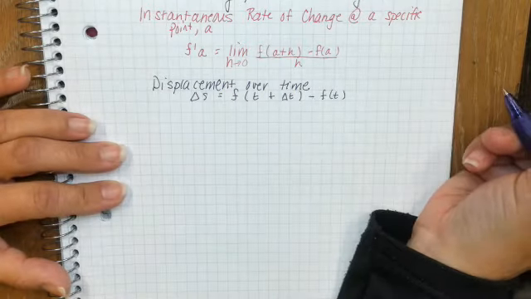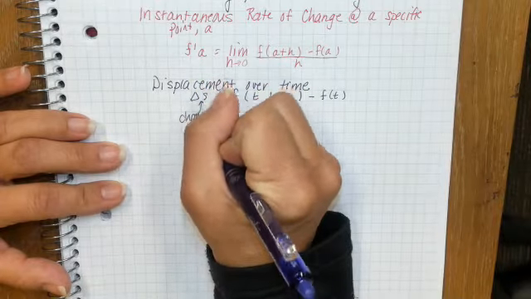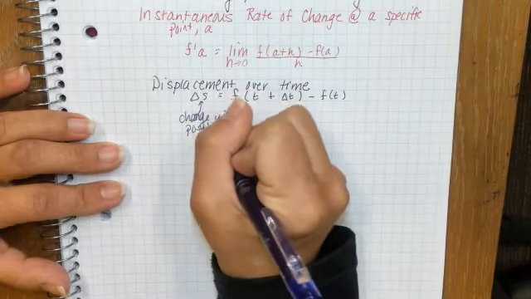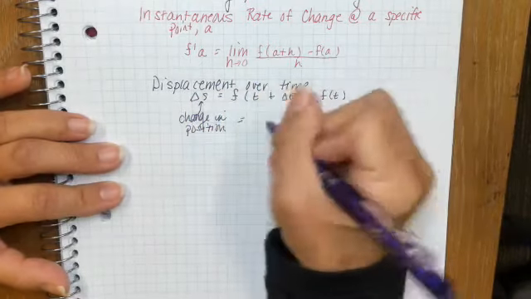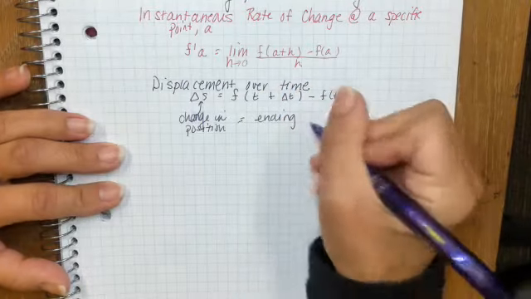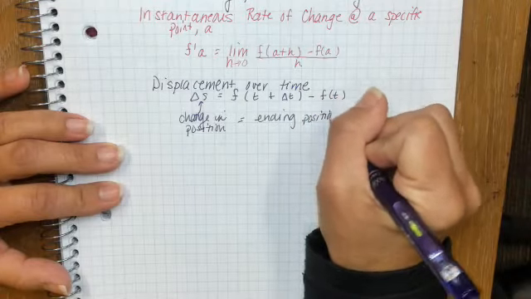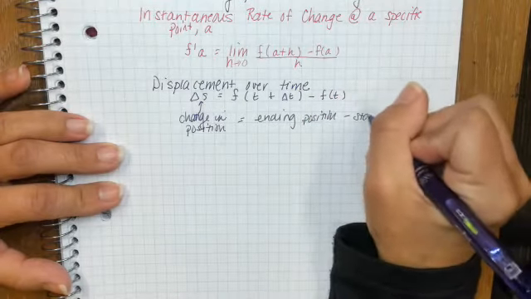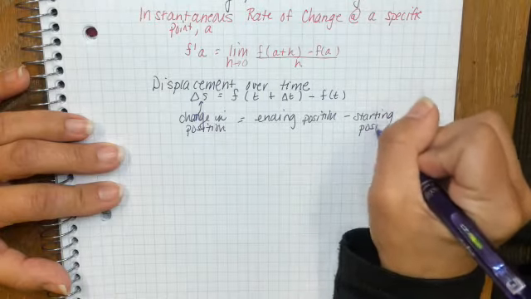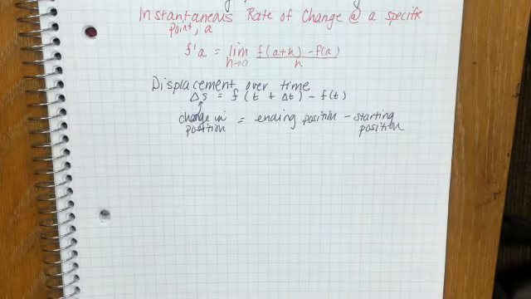Notice there's no denominator. So this represents my change in position. Think of it as your ending position minus your starting position. That might be the easiest way to look at it.